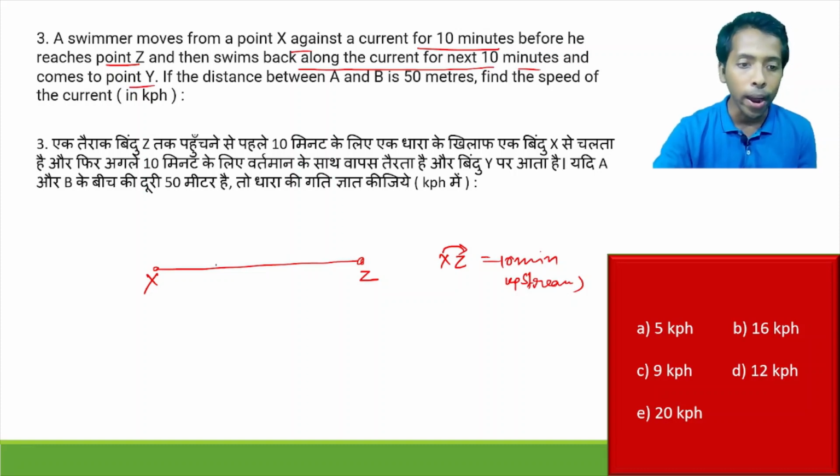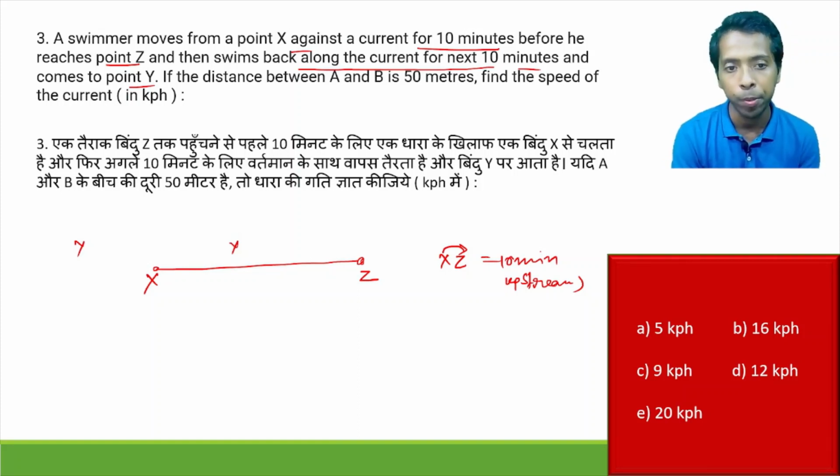Now see where the Y point comes. This is to be understood. Y can come here or Y can come here. But can you understand one thing, that both the time references are the same. In the first case, from X to Z, it takes 10 minutes, but it is against the current.